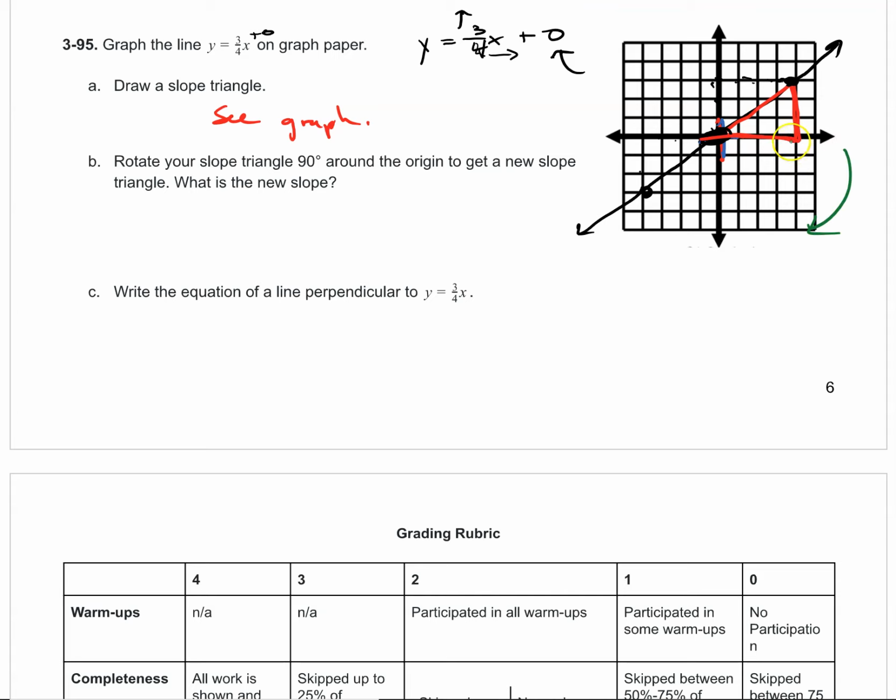Let's go clockwise. All right, this point comes here, this point comes here, this point comes here. So whereas before we had rise of 3, run of 4, now we've got a rise of 4 and a run of 3. But this time, be careful, this line is going to be negative. So this is negative 4.